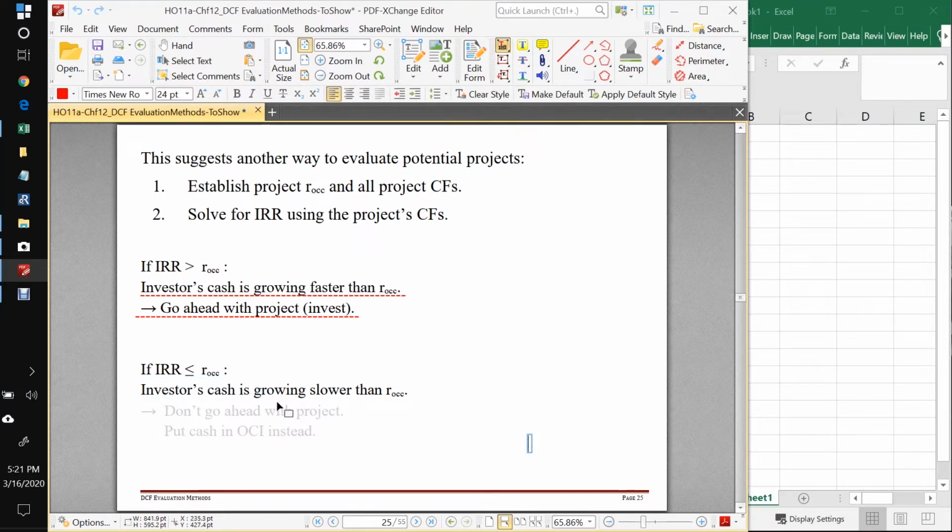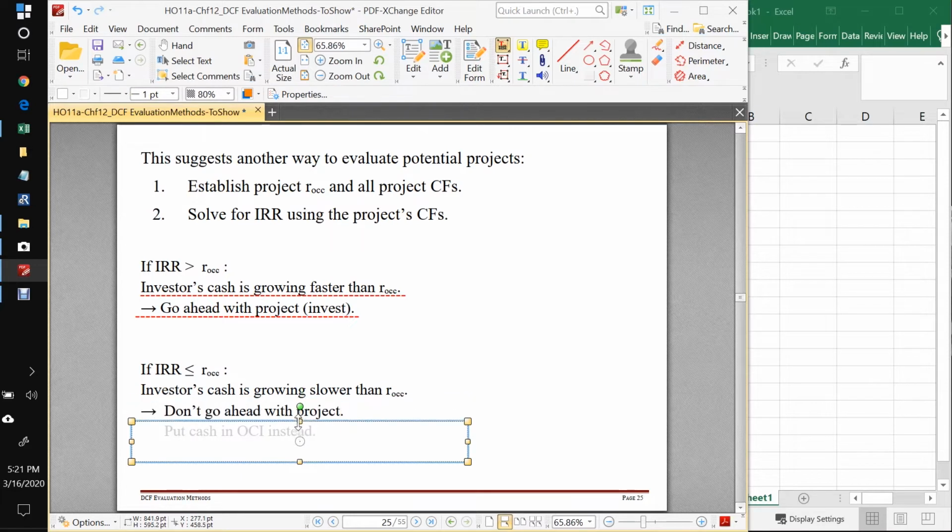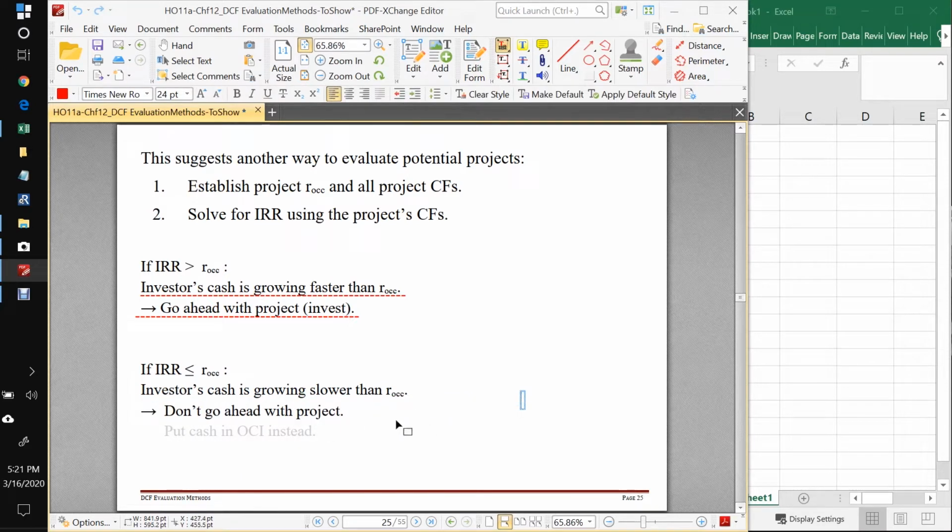That's telling us that our cash is growing slower than our cost of capital. So what should we do? We should definitely not go ahead with this project. We should put our money into our opportunity cost investment instead. So this gives us a really, really nice qualitative way to think about projects.